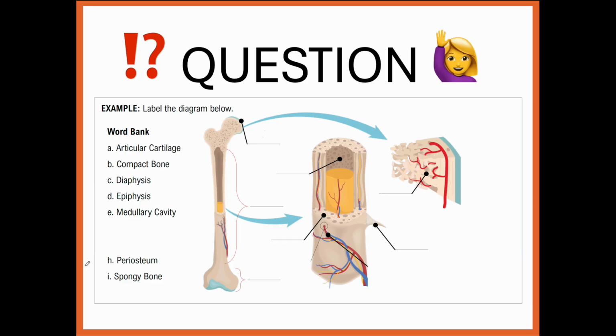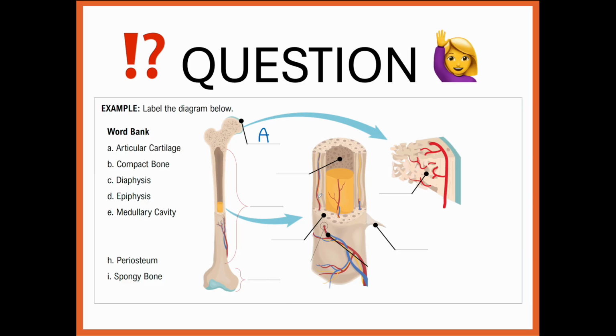All right. So over here on the top, you have this articular cartilage, A. Where would we find compact bone? Compact bone, remember, is all this stuff on the edges here. I believe this would be the compact bone here.